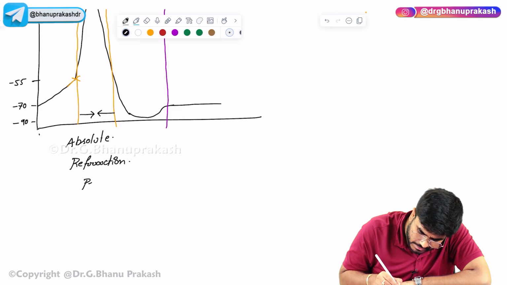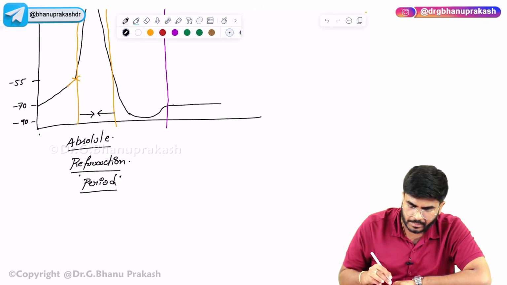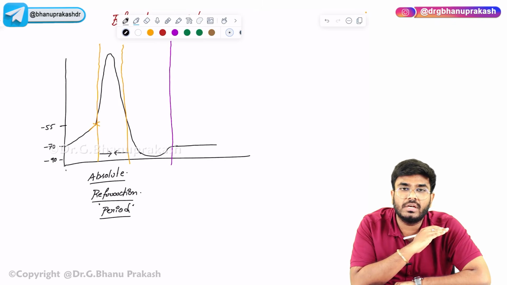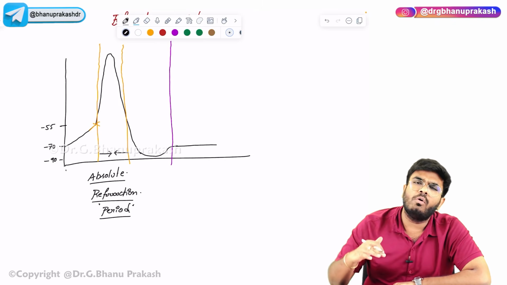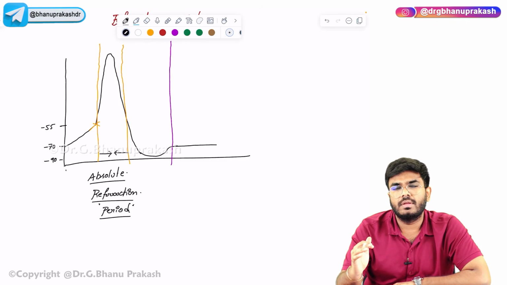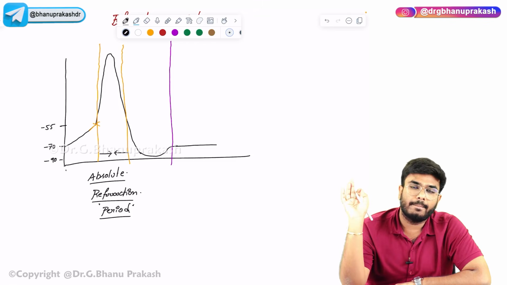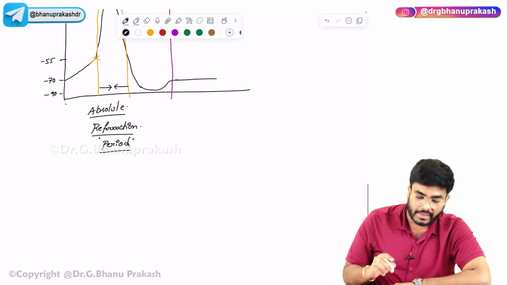During the absolute refractory period there is no new action potential generation, however powerful a stimulus you give. In one of the exams they asked why.